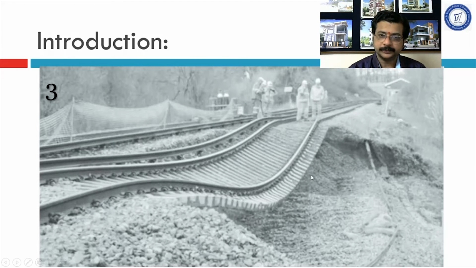Cyclic load. Okay, continuous trains are going, so there would be a cyclic effect of the load. Second, heavy rains. So in this way there can be multiple reasons for the failure of any slope. So here the reason may be the cyclic load, or maybe surcharge, or maybe the heavy rains. Okay, hence we have to analyze a particular slope for its worst load combination.